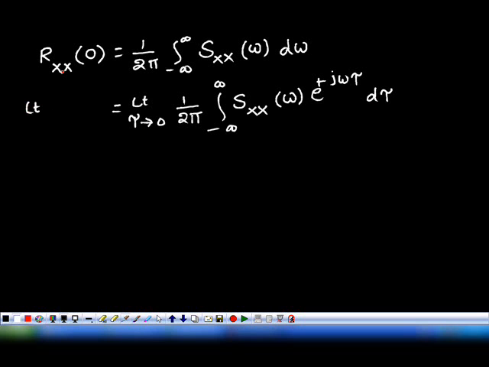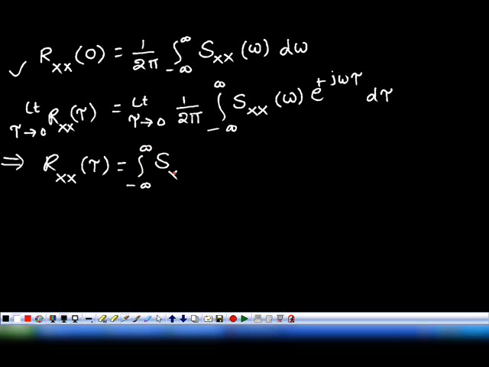So what does this Rxx of 0 indicate? Rxx of 0 is the Rxx of tau when tau tends to 0. Is that right? This equation can be written like this. Now remove that limit and we can write it as minus infinity to plus infinity, e power j omega tau, sorry, d omega is there.